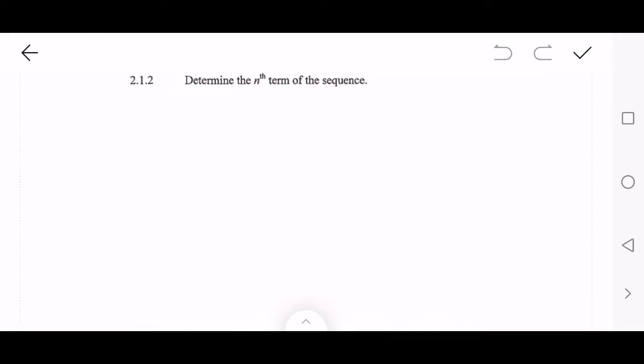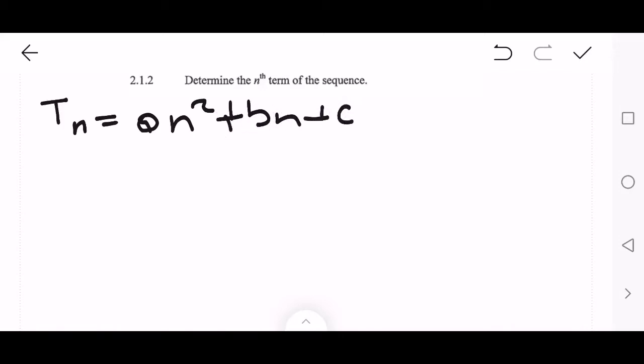Our second question says, determine the nth term of the sequence. So guys, you'll recall that the general formula for a quadratic sequence is an squared plus bn plus c.